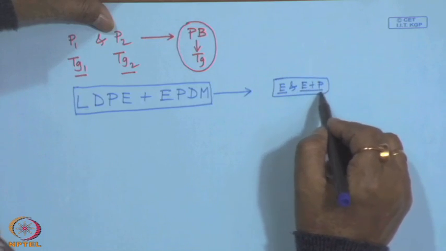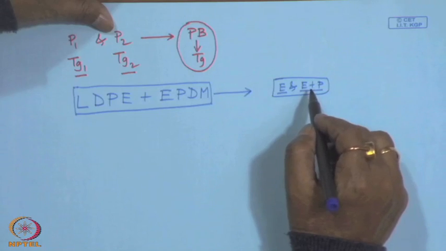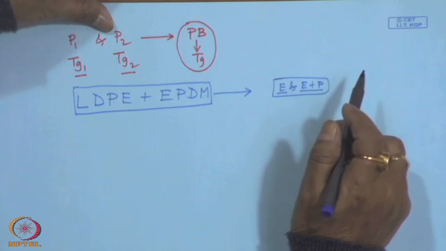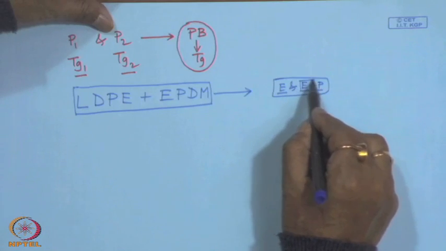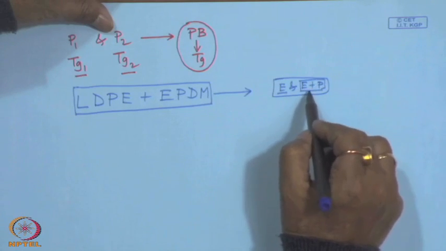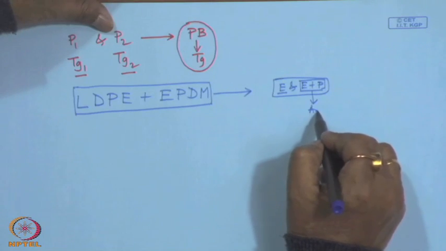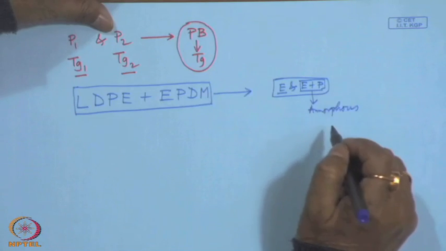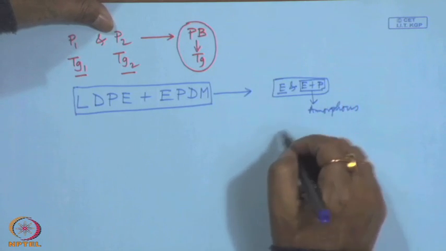If some crystallinity could be developed in this ethylene propylene domain, it will provide a further synergistic effect. If that crystallinity cannot be developed and it remains amorphous, then this amorphous EPDM will show a non-synergistic effect.